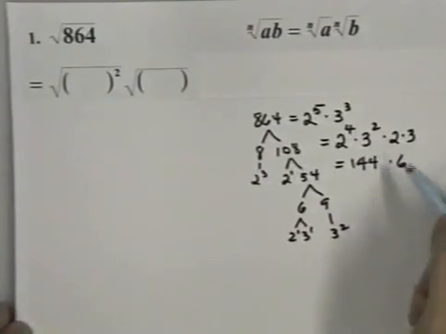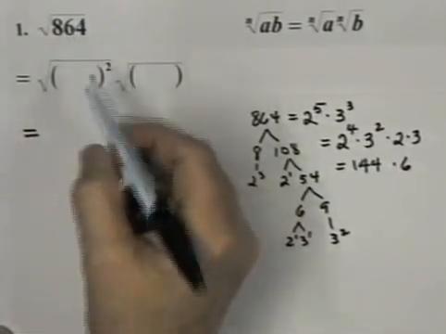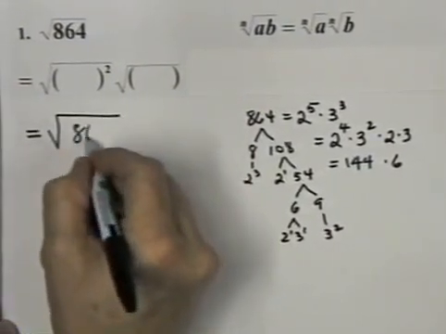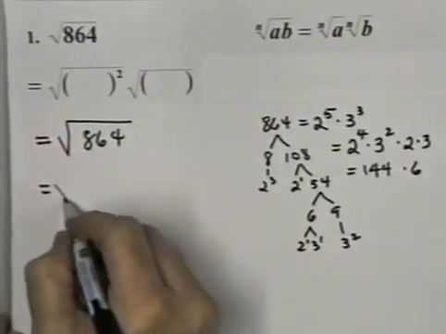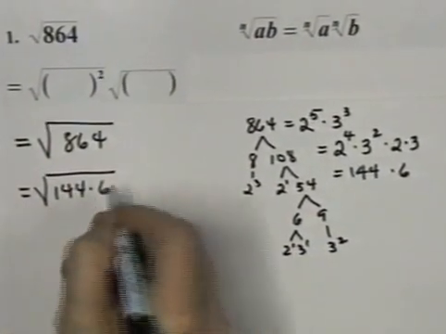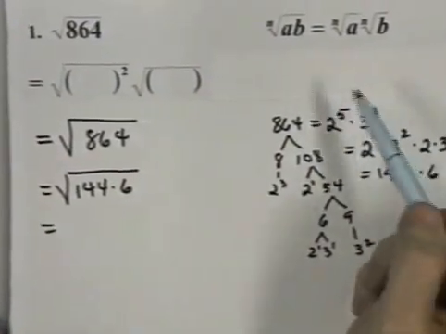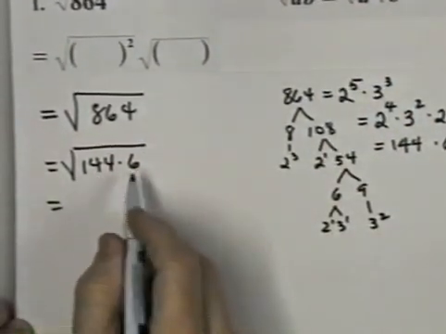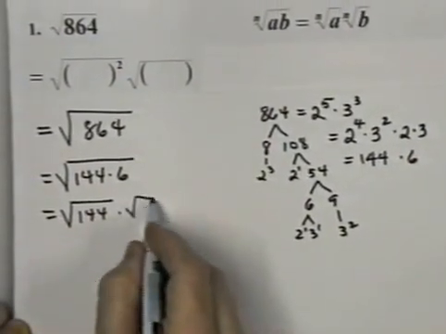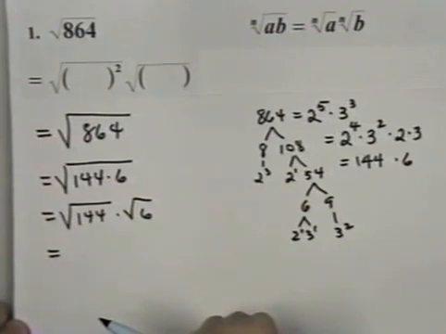So we can write, and I'll just do it down here, the square root of 864 as a product, 144 times 6, and now I'm going to use this property, the square root of a times the square root of b, the square root of 144 times the square root of 6, and I know 144 is a perfect square.